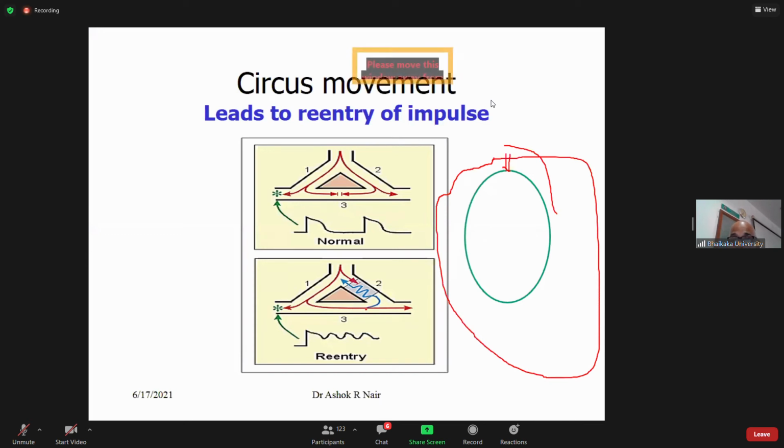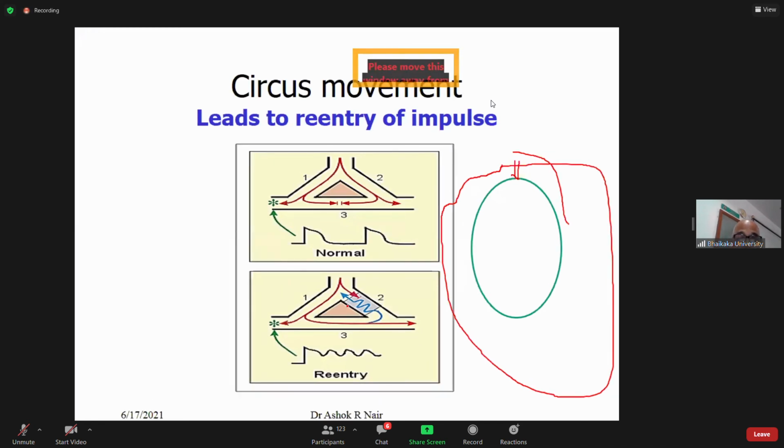It is available for activation when the impulse comes back, so it will enter here, and by the time it reaches here, this place has become repolarized. It will again enter, which leads to re-entry. And if this re-entry process occurs in the muscles, it can lead to a fibrillation condition.